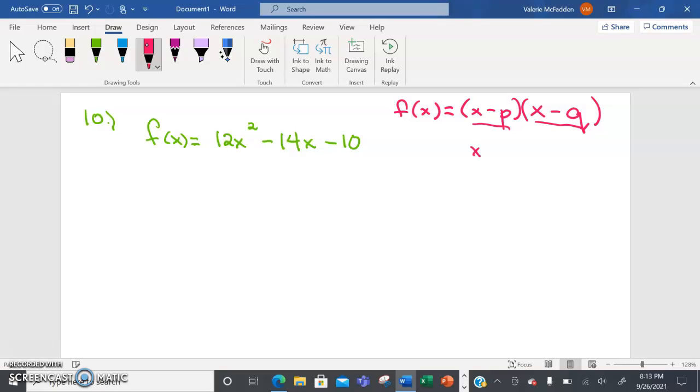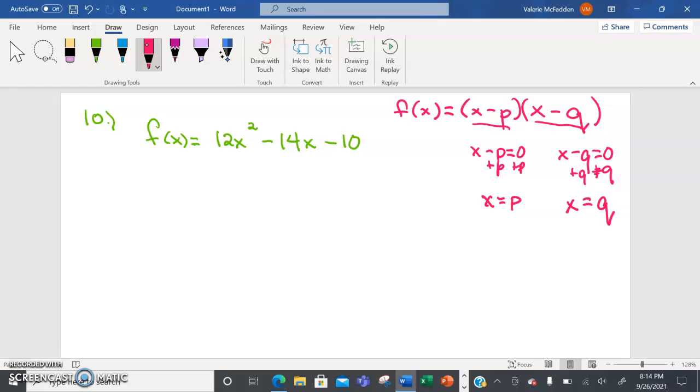So we'd have x minus p equals 0 and x minus q equals 0. We'll add p, so x equals p, and over here add q, so we'd have x equals q.